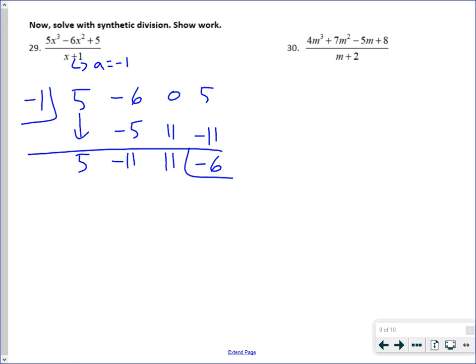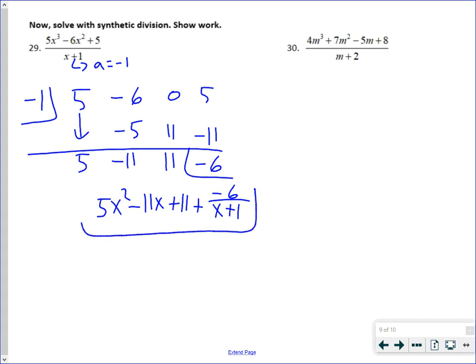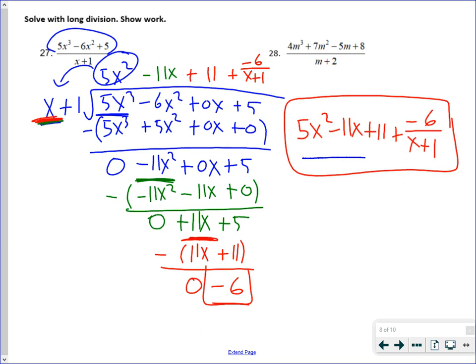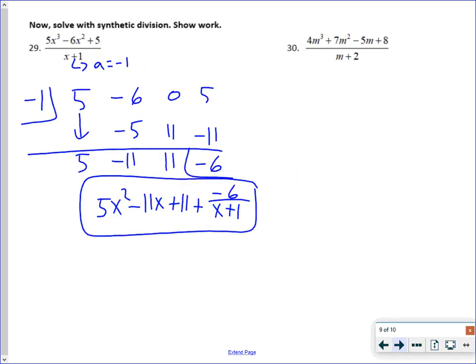That's our remainder. And if we rewrite it, we get 5x squared minus 11x plus 11 plus negative 6 all over our divisor of x plus 1. And if we compare it to the previous slide, we got the exact same thing. Our answers are both correct, and we are good to go.